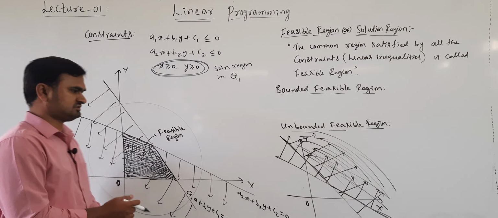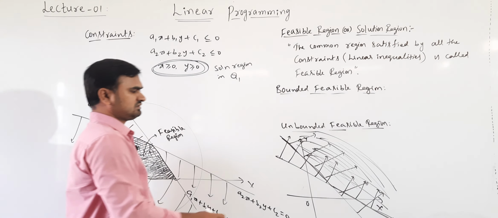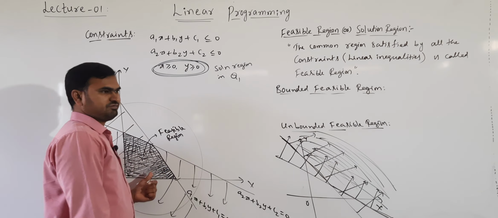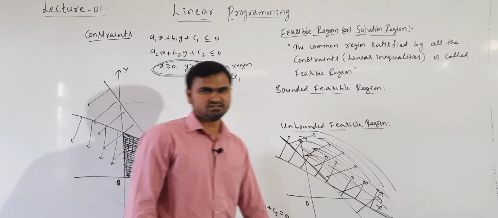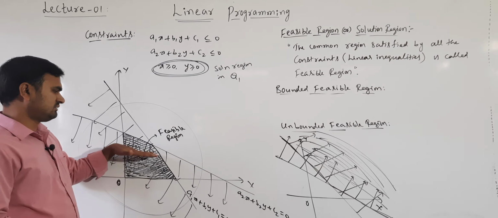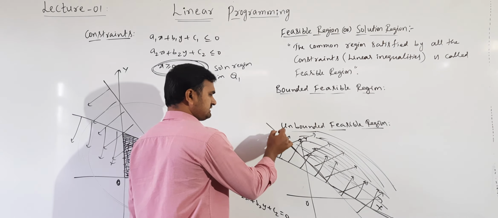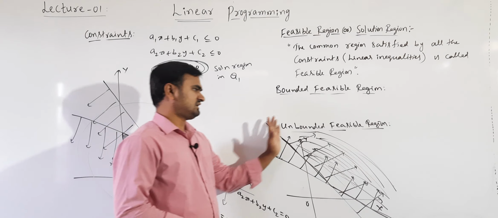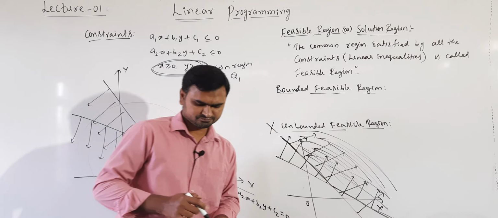From the diagram it will be clear whether it is bounded within some limits or extends up to infinity. As per the reduced syllabus, we have only the bounded feasible region. The unbounded feasible region is deleted from our portion, so we don't study much about it.